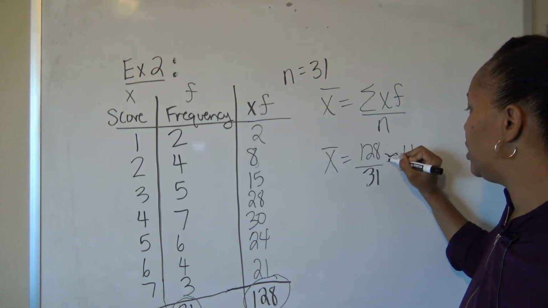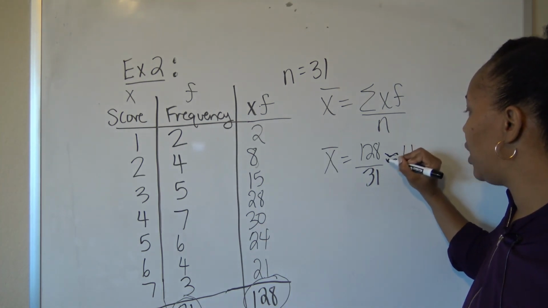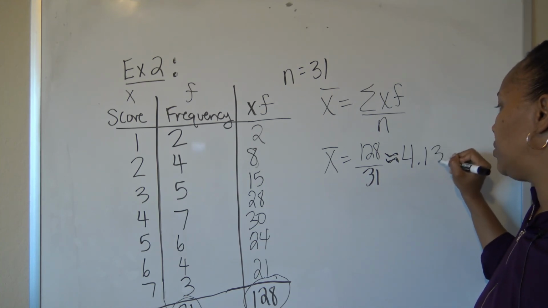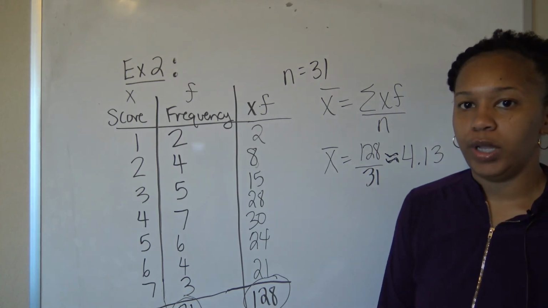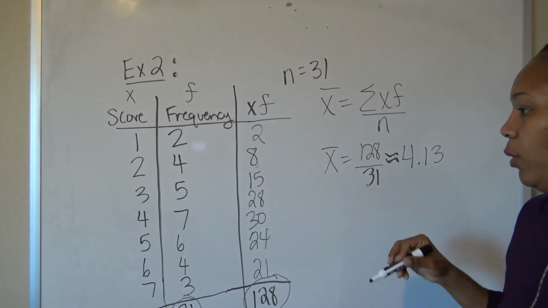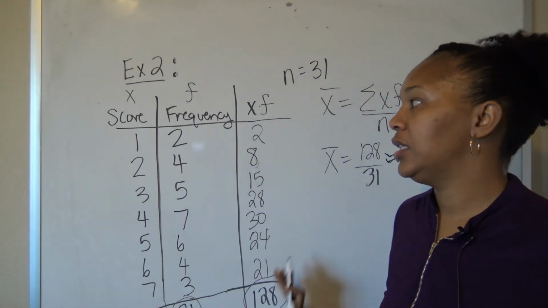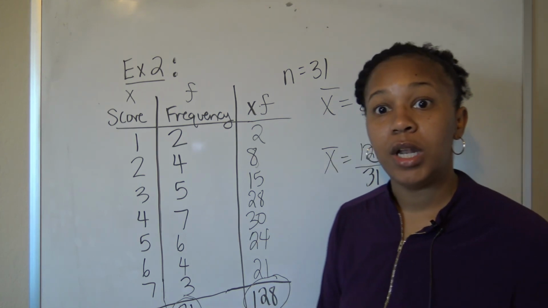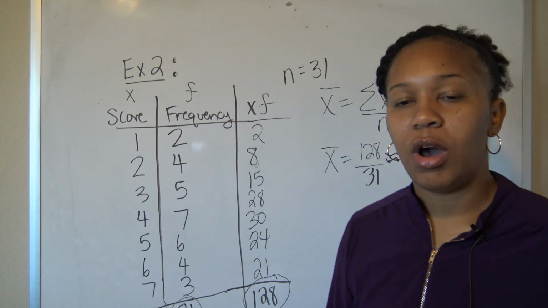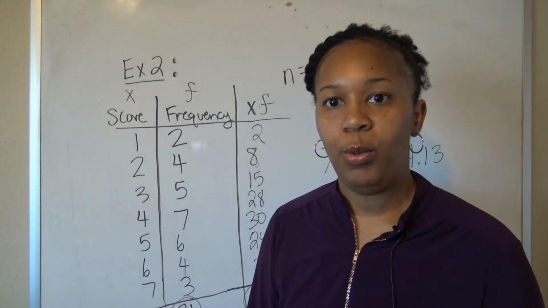So, and I'm going to make this a little wavy equal sign, which means approximately, because I'm rounding it. So it's approximately 4.13. Okay, so the mean for this data set would be 4.13, which is saying this is a good number to use to represent the whole data set. So on average, our data set is around 4.13.